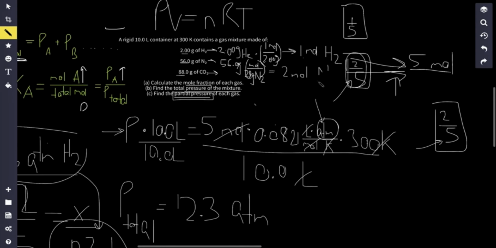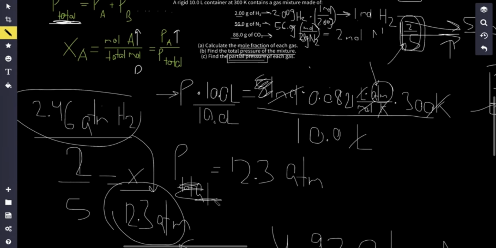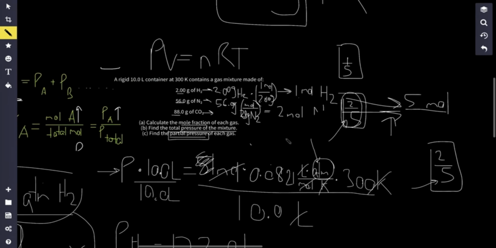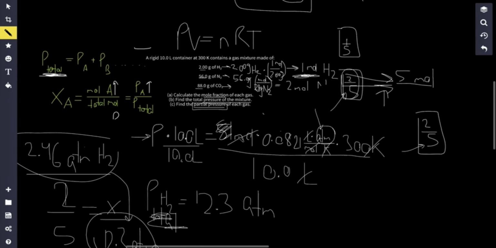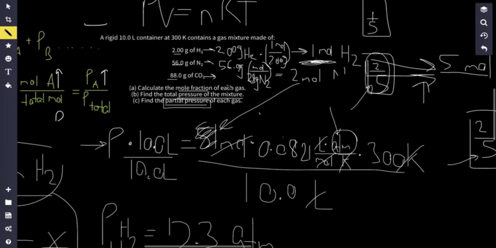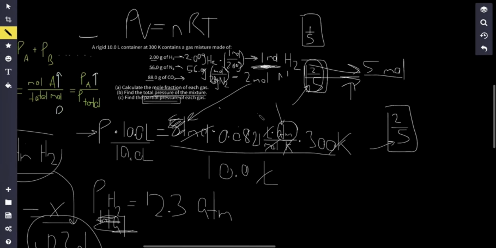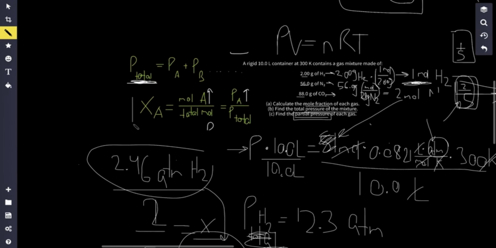However, if we only used 1 mole instead of 5 moles, we would have gotten the pressure for H2, because H2 makes up 1 mole, right? So you could have plugged into the ideal gas law each individual amount of moles, depending on what you're dealing with. You would still get the same answer, but it would just take a longer time. So this is why you would use the mole fraction part, right?